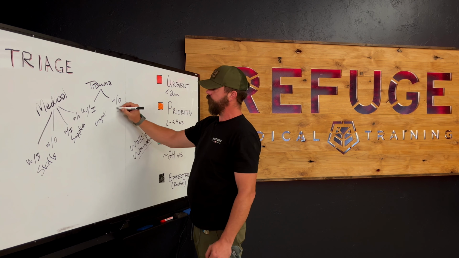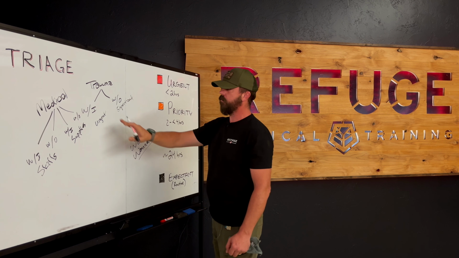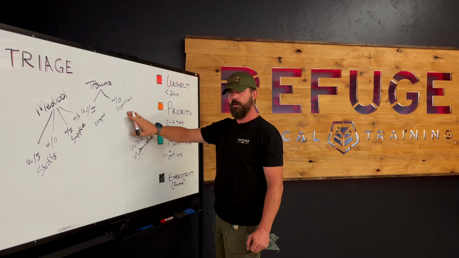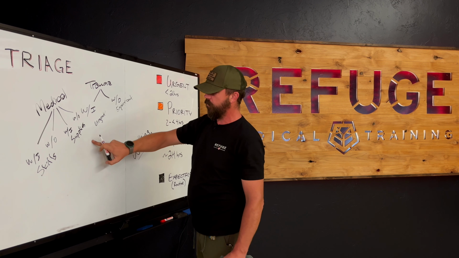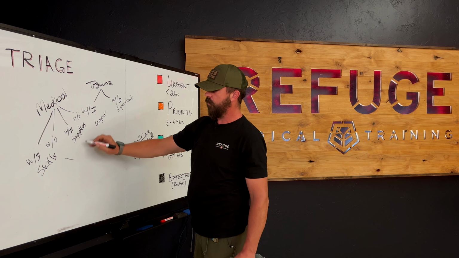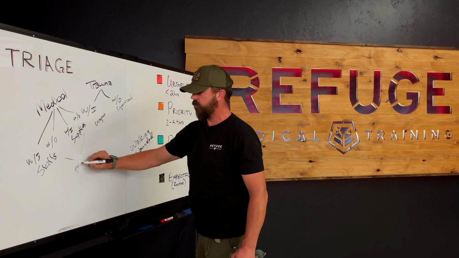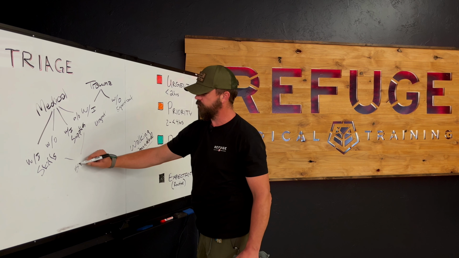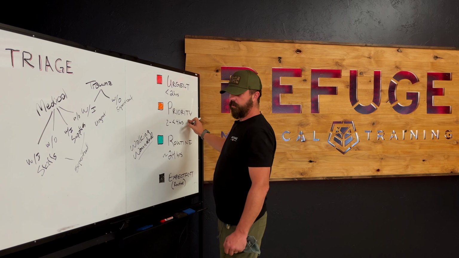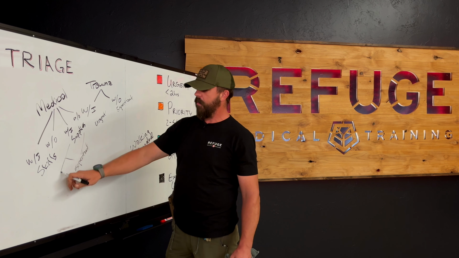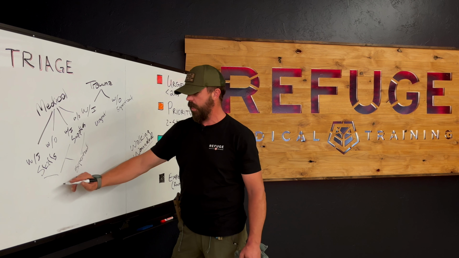Expectant would be traumatic outside of the realm of something we can do something about, as well as both medical supplies or skill-based outside of what we have available, skills or supplies wise. Priority would be medical with skills or supplies that we can do something about.